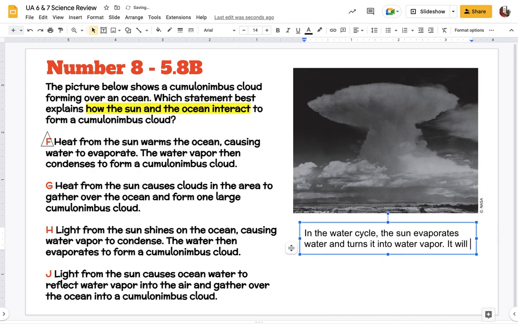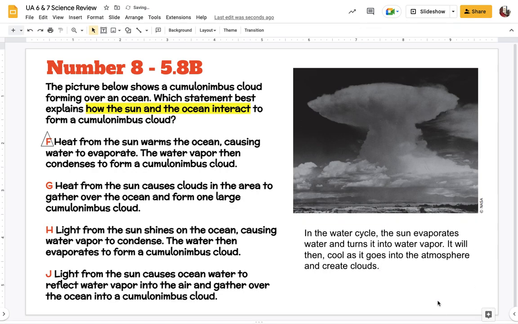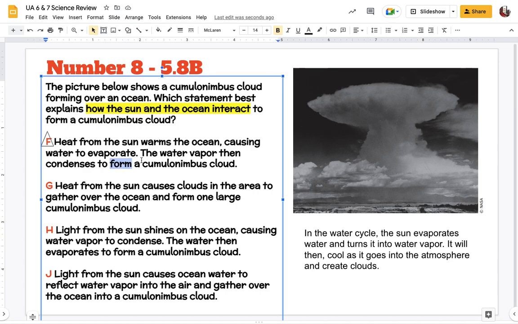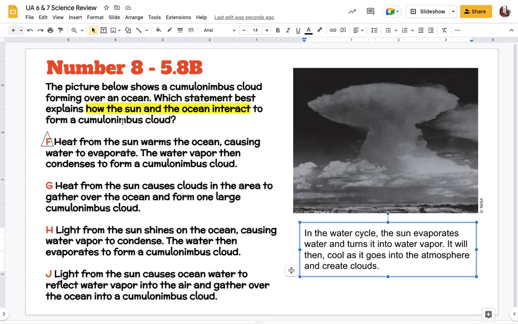It will then cool as it goes into the atmosphere and create clouds. Bam, done. That's it. That's all you really needed. Which, if you look over here at my answer choice, is basically the same thing I wrote over here off to the side, just different wording.